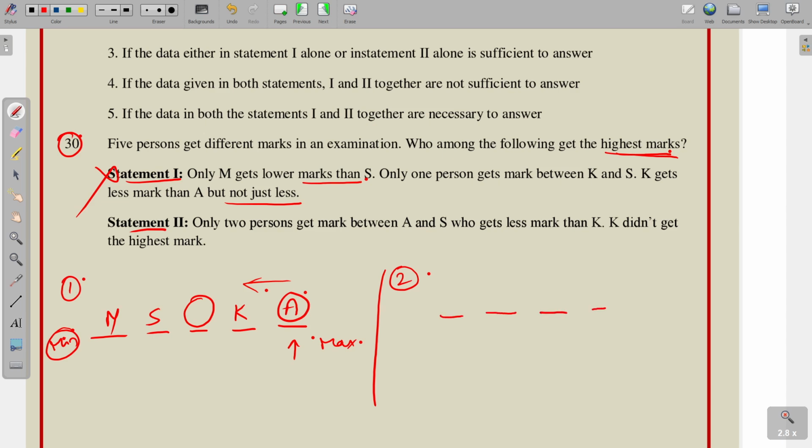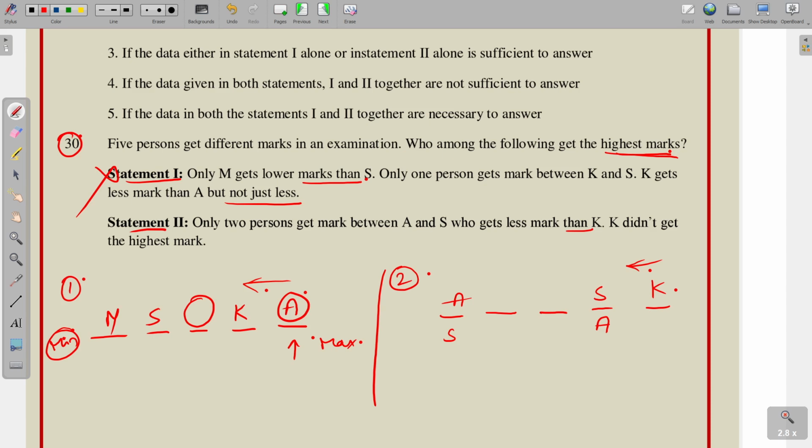Statement 2: total 5 and only 2 persons get marks between A and S. Who gets less marks than K? So between A and S, only 2 persons, either S or A. First possibility: only 2 persons get marks between A and S, and S gets marks less than K. So it is the K. Coming to the second possibility, we can place K here or K here.